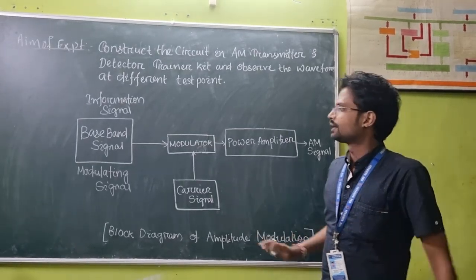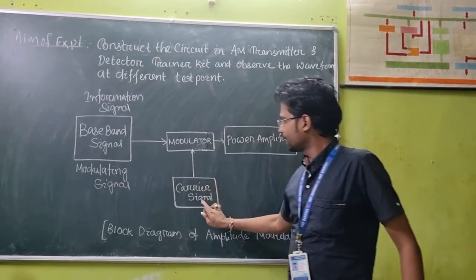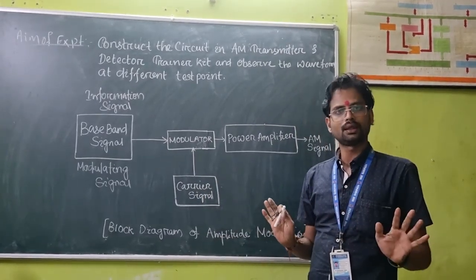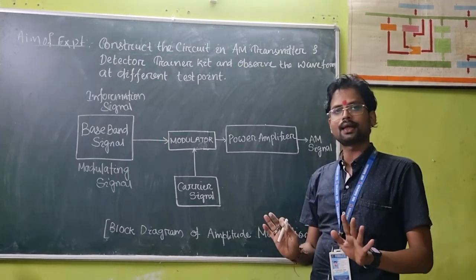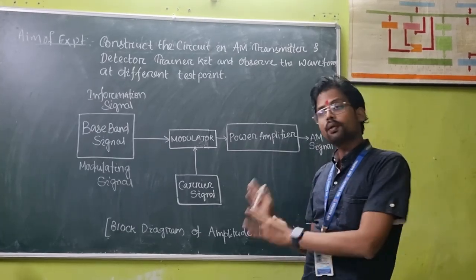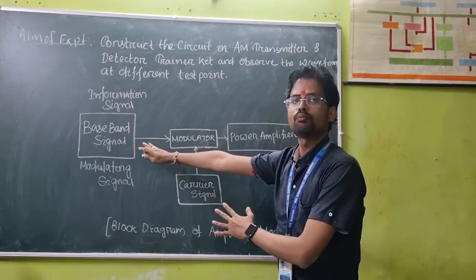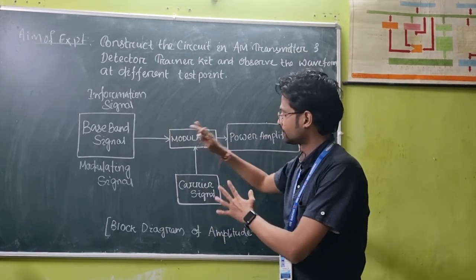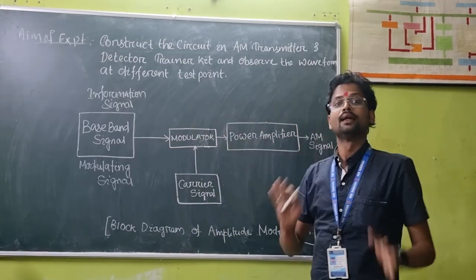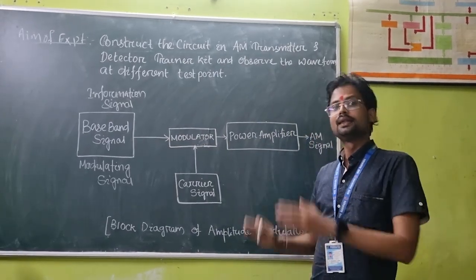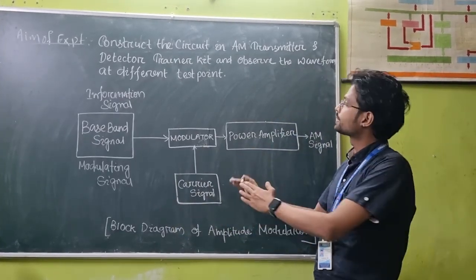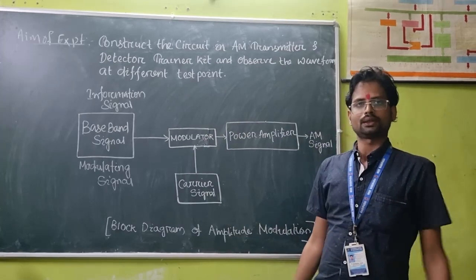The carrier signal does not have any information. The information is contained only in the modulating signal. But the carrier signal will change according to the value of the modulating signal. This is modulation, and when it is the amplitude of the carrier, it is said to be amplitude modulation.